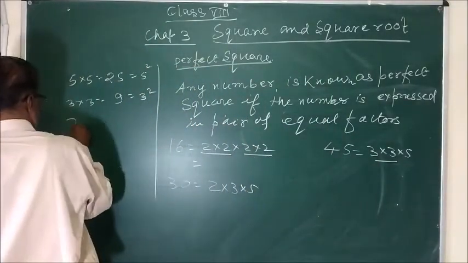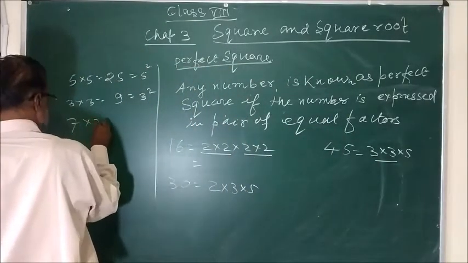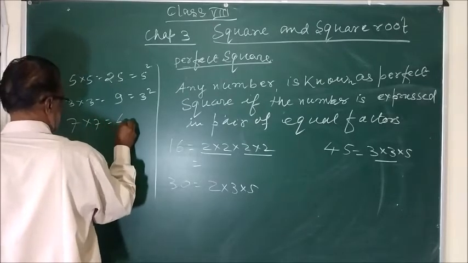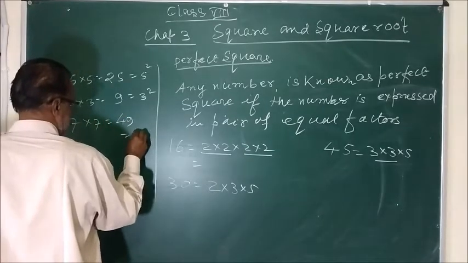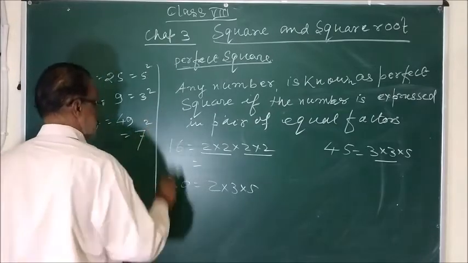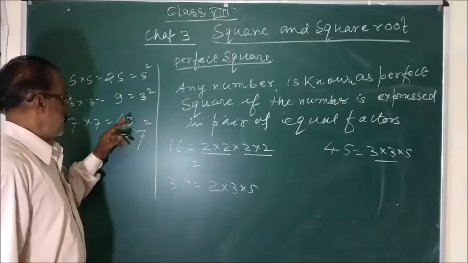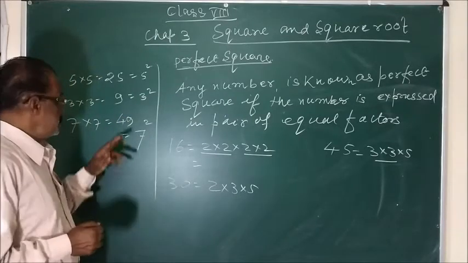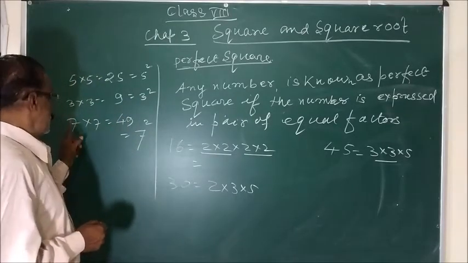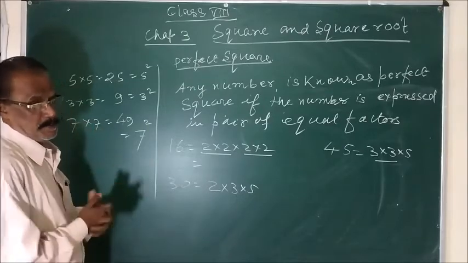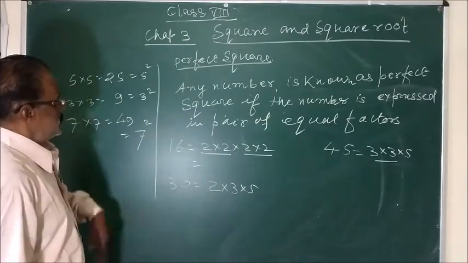You see another example. 7 into 7, you will get 49. These 49 can be expressed as 7 squared. So 49 is the square of 7. So this is the square.